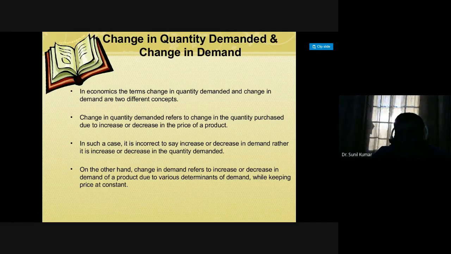So the differences will be seen in bulk. I'm not talking about a single person, but if you talk about the market, that means we are talking about the population.